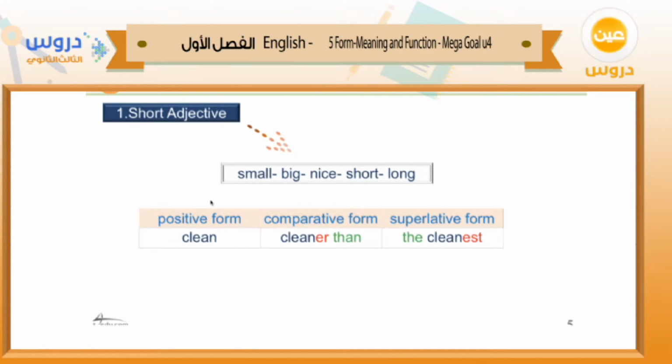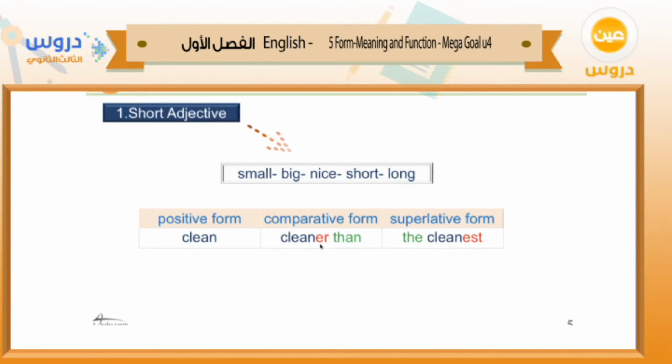For these short adjectives, if we have the adjective clean, what is the comparative form of clean? It's cleaner than. So for the short adjective, we add er if we want to compare between two things or two persons.